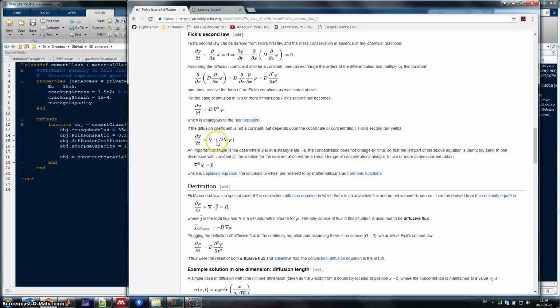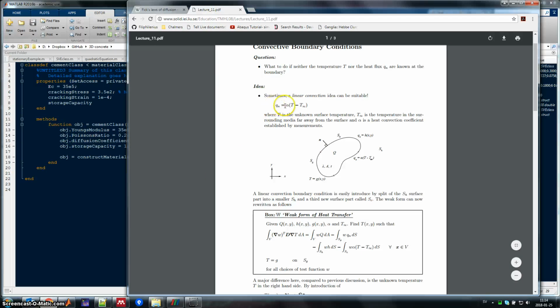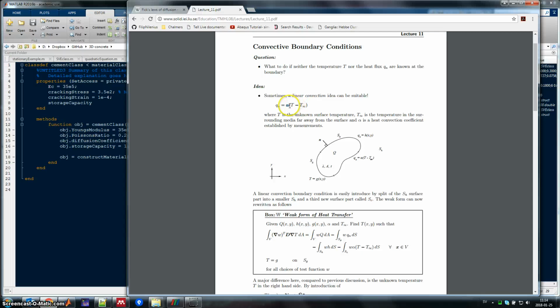So the method solves this equation, and it uses convective boundary conditions. So it's this type of boundary condition. So the flux from some body like this is equal to alpha, which is a resistance, times, here the notation is T minus T infinity. And T here is correspondingly the concentration, chloride or moisture concentration at the SV, minus the concentration in the ambient environment, the surrounding concentration, which would then be outside the SV.